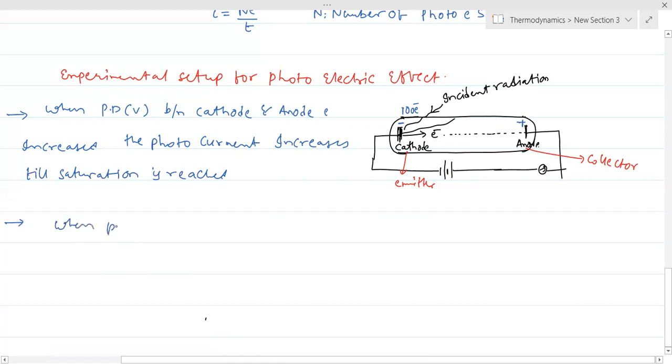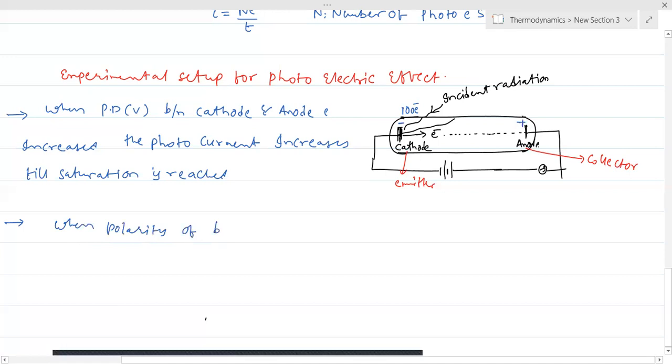When the polarity of the battery is reversed, the electrons start moving back to the cathode.